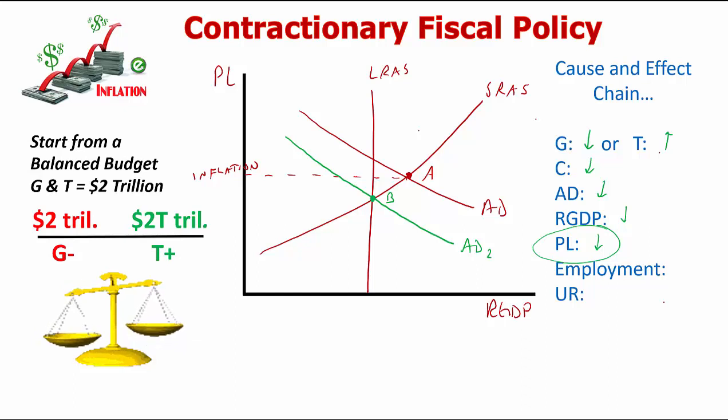It is designed to reduce inflation. Now, side effect, to lower the price level, we had to give up a little bit of employment. But probably at that point A, we had unemployment that was too low anyway, so that's okay. And so we have brought the unemployment rate up. That is contractionary fiscal policy.